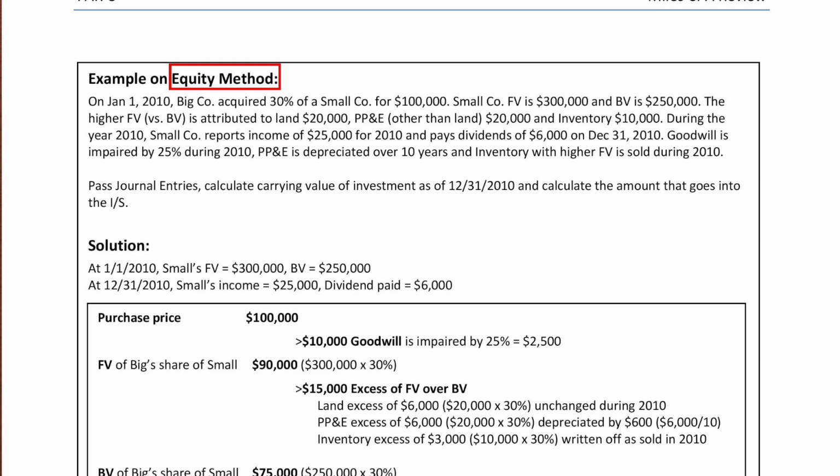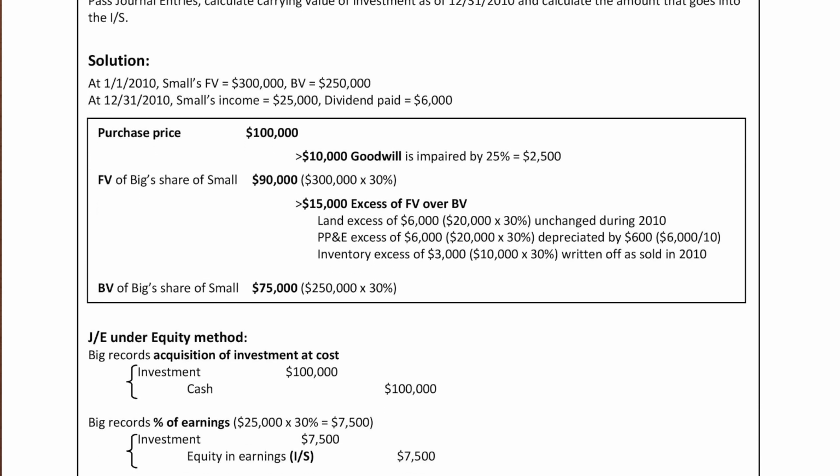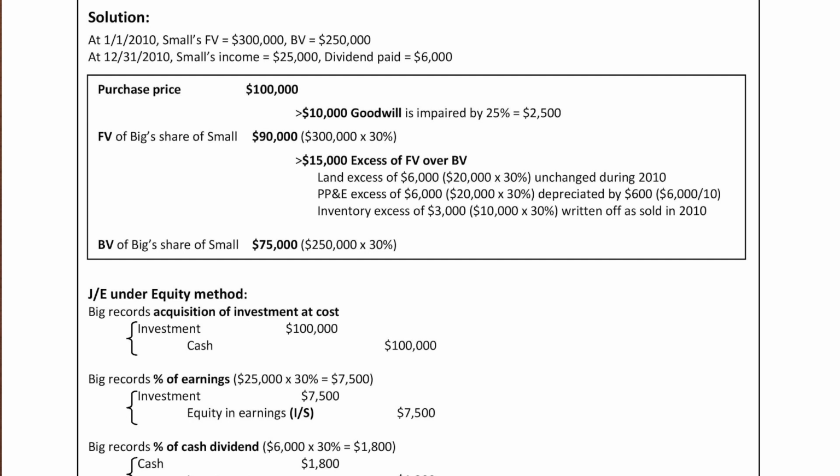The excess $50,000 of fair value is attributed to land $20,000, PP&E other than land $20,000, and inventory $10,000. During the year, Small company reports income of $25,000 and pays dividends of $6,000. Goodwill is impaired by 25% during the year, PP&E is to be depreciated over 10 years, and inventory with a higher fair value is sold during the year.